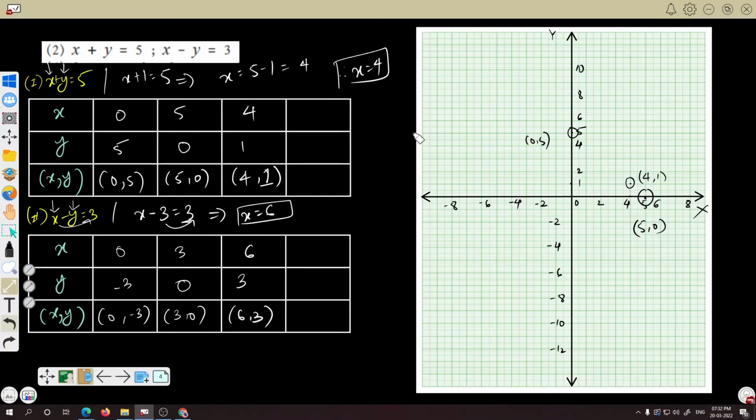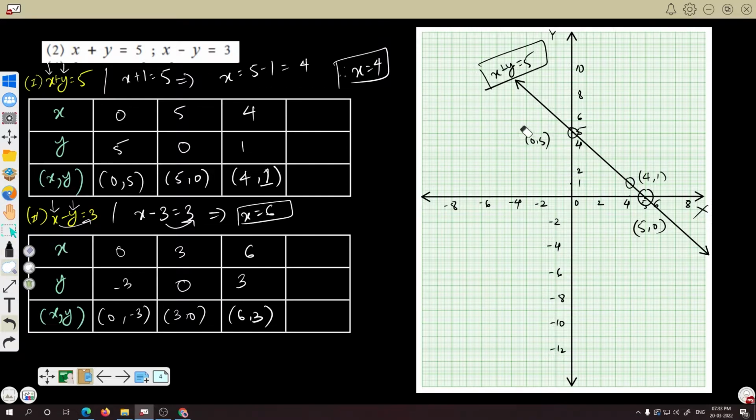Now to plot the graph, we will join the points in such a way that all the points lie on the same line, like this. I'll extend the line. Now this line represents the first equation. So copy the equation for this: x plus y is equal to 5. I hope this is clear to you.